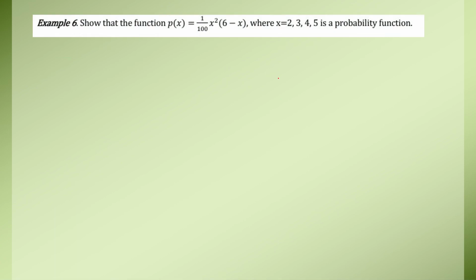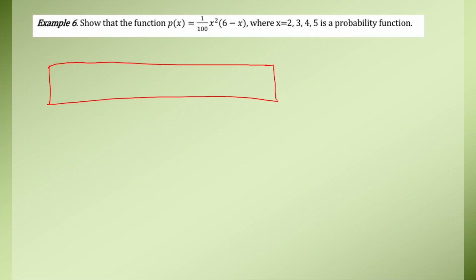Okay, so let's have example number 6. Show that the function p of x equals 1 over 100 times x squared times (6 minus x), where x is 2, 3, 4, 5, is a probability function. So first we need to have a table here.